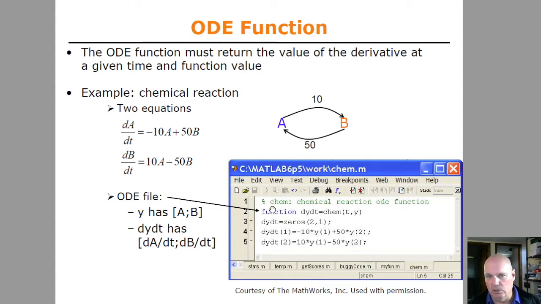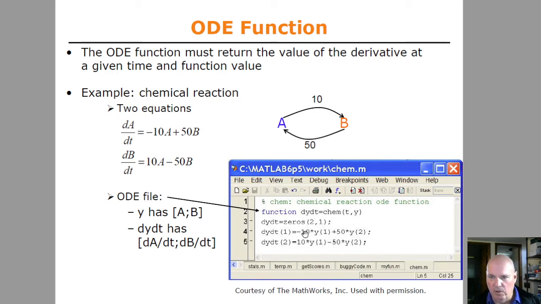Then it has to return dA/dt and dB/dt, and so the return value has to also be a two-element vector. What's also passed in is the current time value. This set of differential equations actually doesn't depend on t on the right hand side, so it's not used here in calculating the derivative vector.